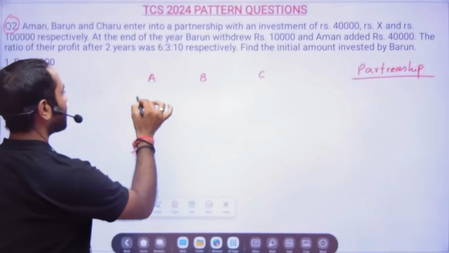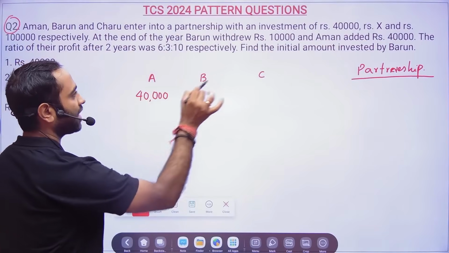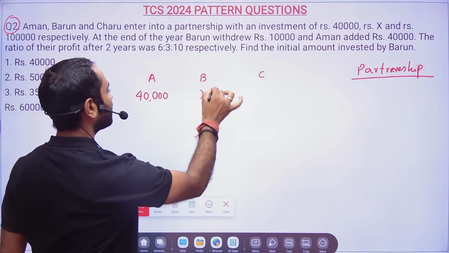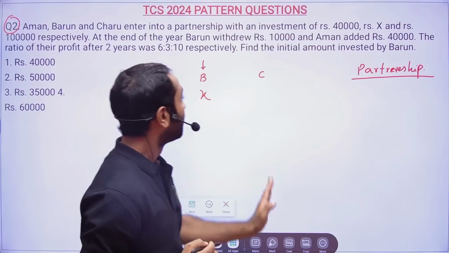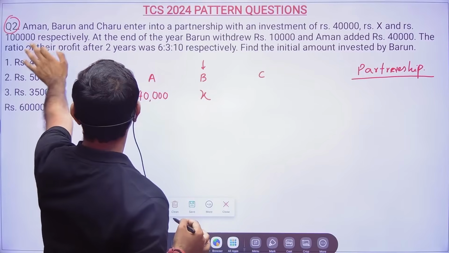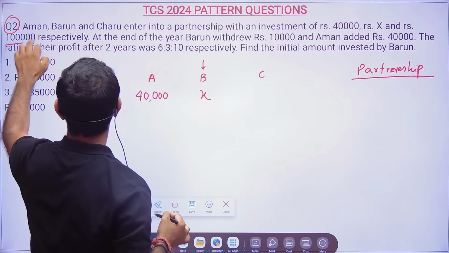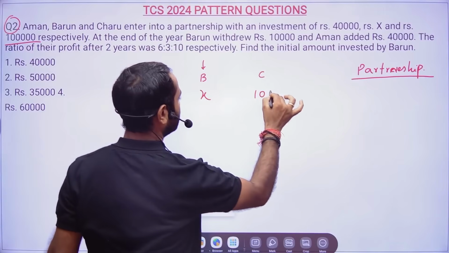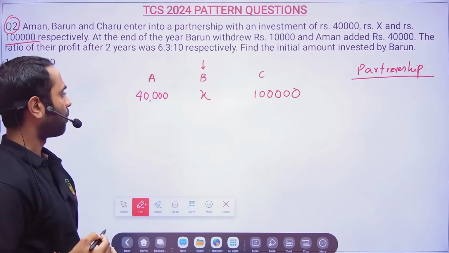Aman invests 40,000 rupees, Barun invests X rupees, and Charu invests 1 lakh rupees. Charu is the richest, okay?